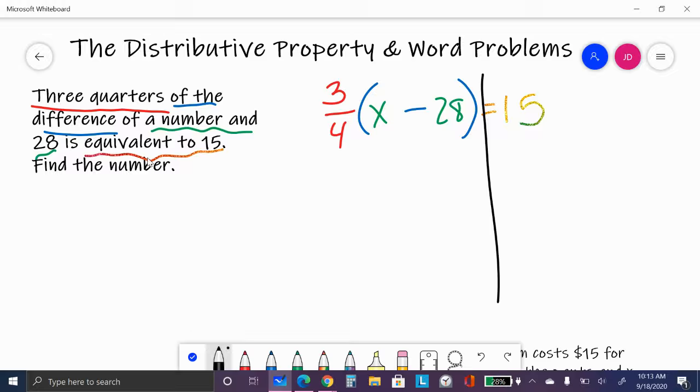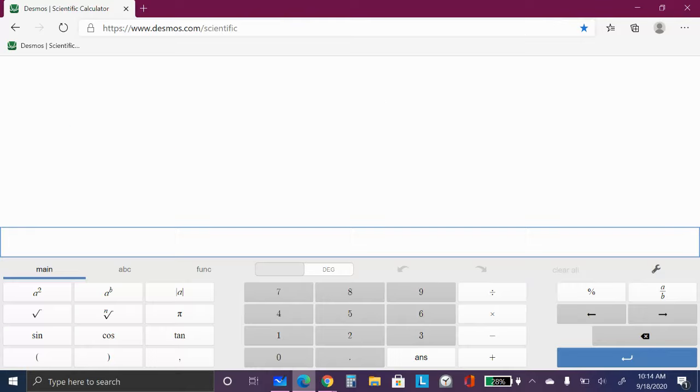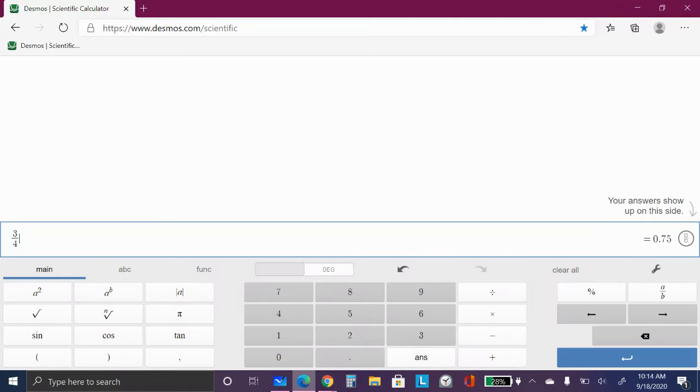Okay, so we break it down. 3/4 of the difference, parentheses, subtraction, of a number and 28 is equivalent to 15. So I distribute 3/4. 3/4 times x is 3/4 x. 3/4 times negative 28 is negative 21.